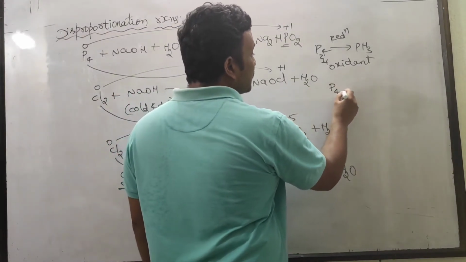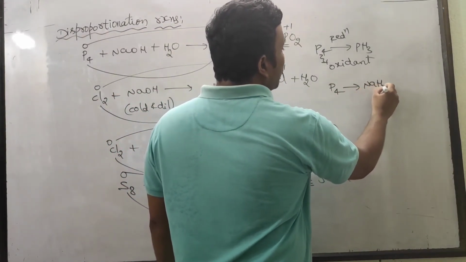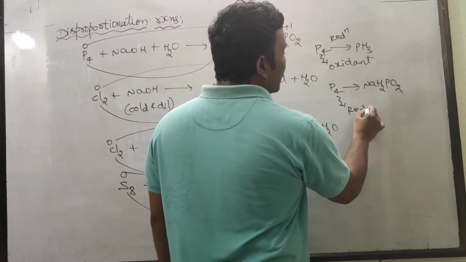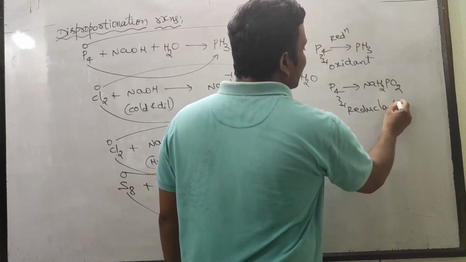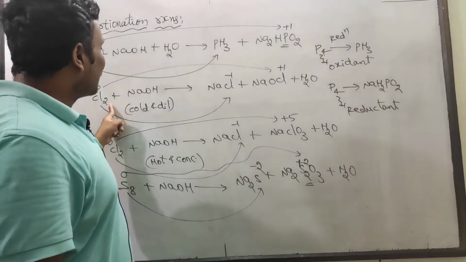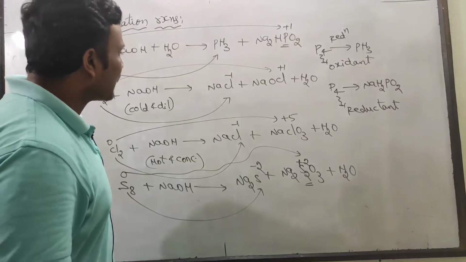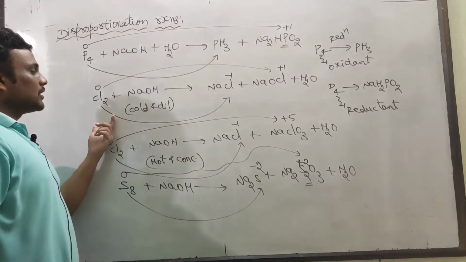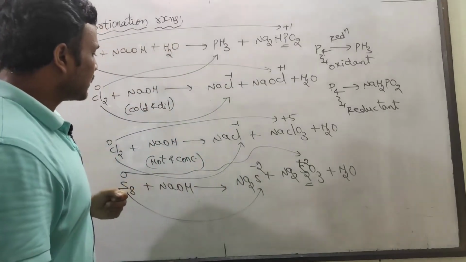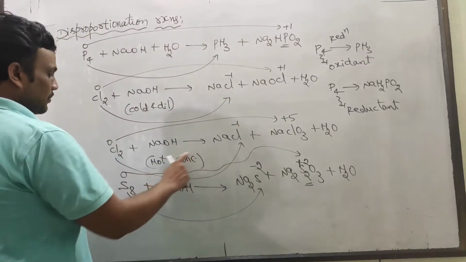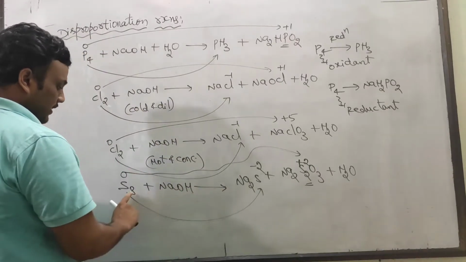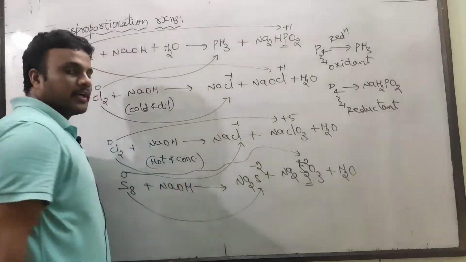When phosphorus is converted into sodium hypophosphite, it acts as the reducing agent, meaning reductant. When chlorine is converted into chloride ion, it acts as the oxidizing agent, and when chlorine is converted into hypochlorite, it acts as the reducing agent. Reduction means oxidizing agent, and oxidation means reducing agent.